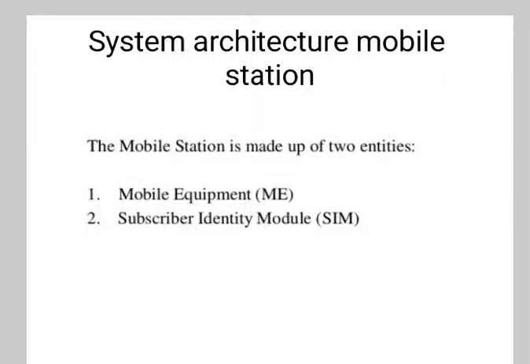It is nothing but a mobile handset. SIM is plugged into the mobile terminal. Without the SIM, the MS cannot communicate with any user or network. It is provided by the mobile service providers. It is a microprocessor based entity implemented on a smart card.